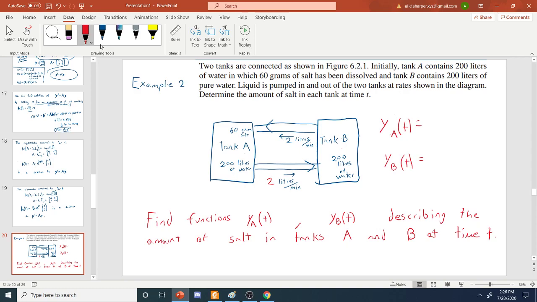So this is going to be equal to plus 2 liters per minute over 200 liters of water.